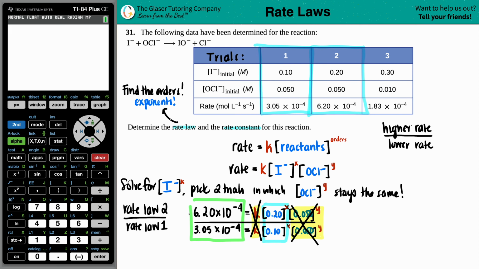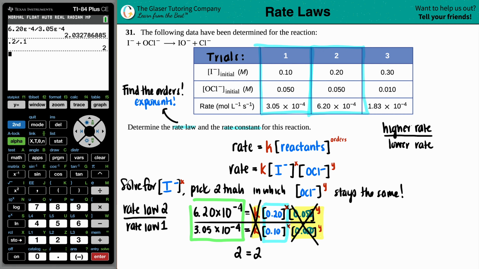Now let's do the division: 6.20 times 10 to the negative 4th divided by 3.05 times 10 to the negative 4th, and I get roughly a 2. At this stage, if you can see that your number is very close to a whole number, just put it down as a whole number. So this is 2 equals 0.2 divided by 0.1, which is 2, but if you want to see it done, there it is.